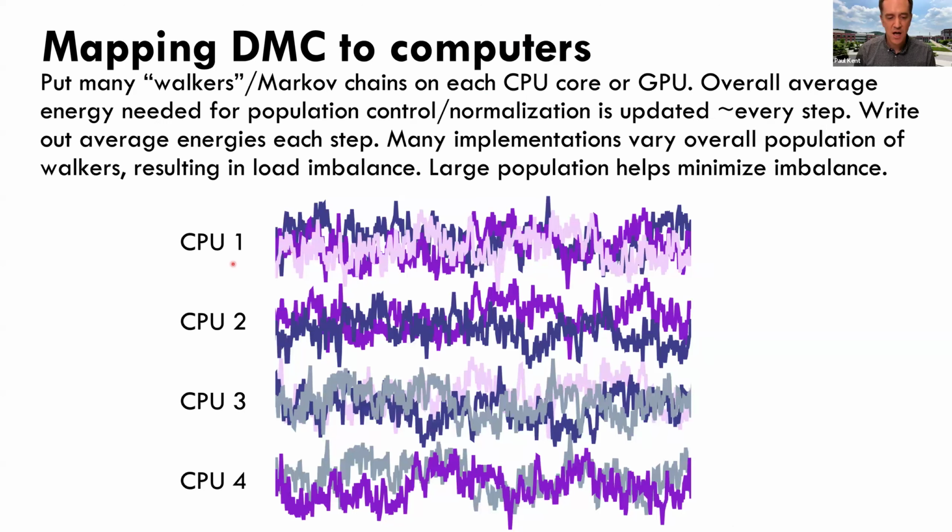As a simple example, if we had 4 CPUs and 5 walkers, we would have 1 on each of the first 3, and 2 on CPU 4. That means the first 3 would have to wait half the time for the 4th CPU to move its 2 walkers compared to their 1. And that's easily solved by having a lot more walkers. So that's another reason to have a large population in diffusion Monte Carlo.